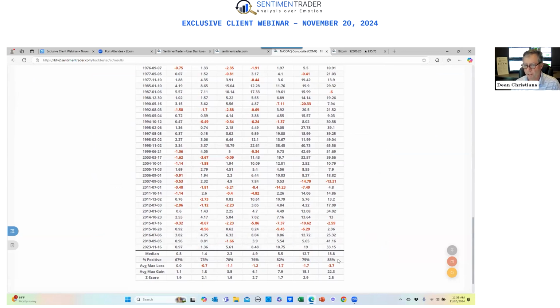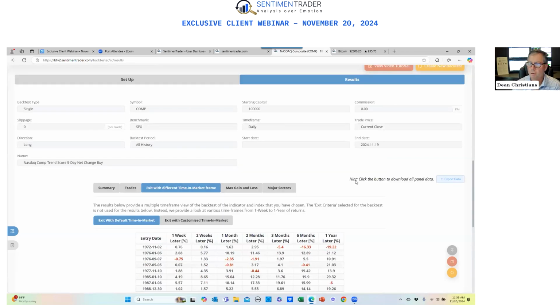And interestingly enough, a year later, the NASDAQ Composite was up 88% of the time. And obviously we see good Z-scores here, above 2. We see favorable gains relative to losses. So this is a good signal. What I would suggest is this is a trade, but these net change signals can also turn into a core position.